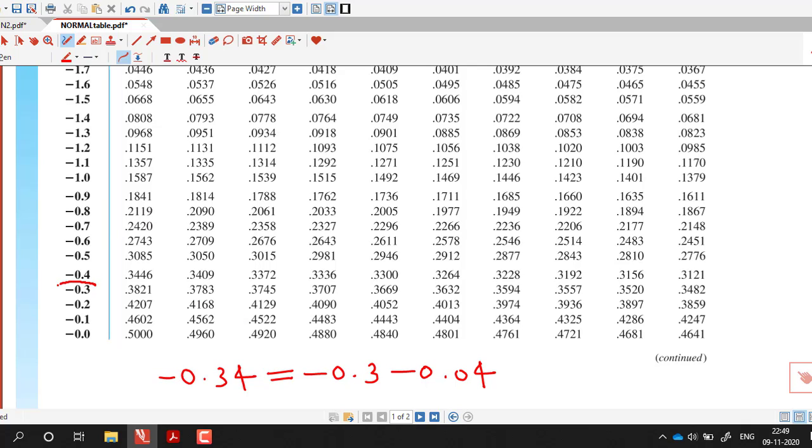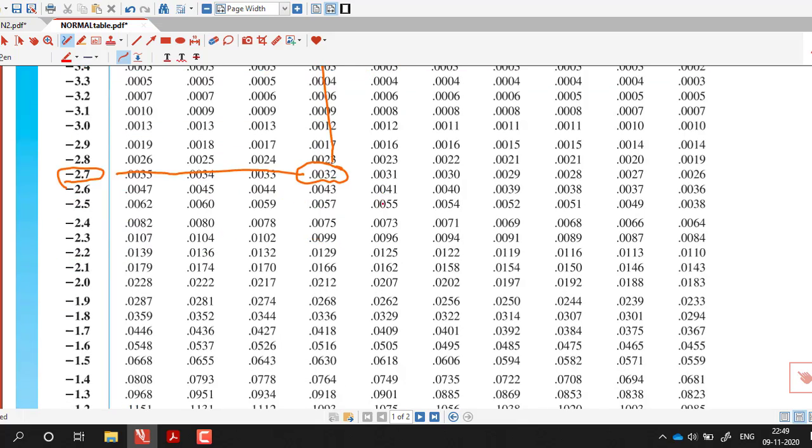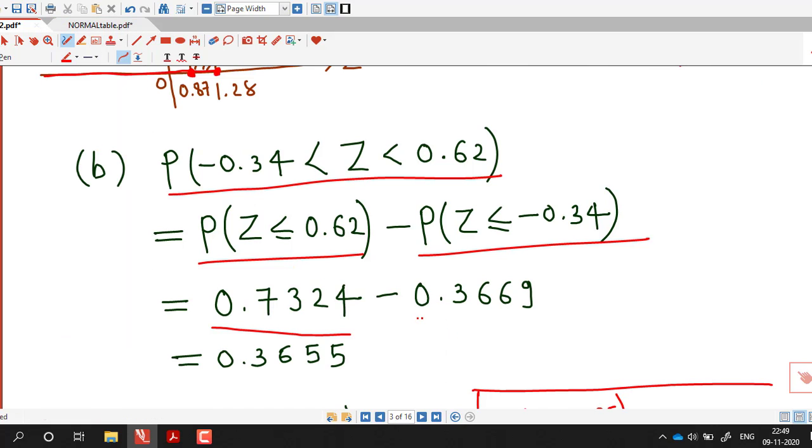So this is minus 0.3, and for 0.04, this is for 0.01, this is for 0.02, this is for 0.03, and this one is for 0.04. So we are below 0.04, and the value is 0.3669, and the difference is 0.3655.